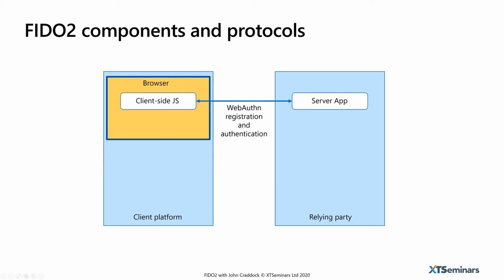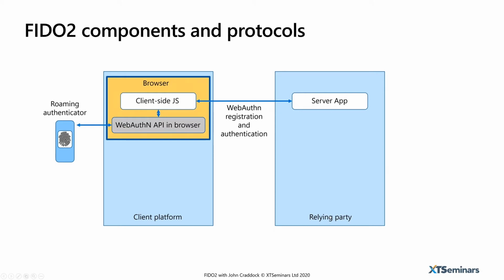Now, the browser is not capable of signing anything or anything else. So what it needs to do is talk to WebAuthn APIs, and those are supported in most modern browsers. Again, the APIs need to call out to an authenticator, and they can call out to a roaming authenticator.